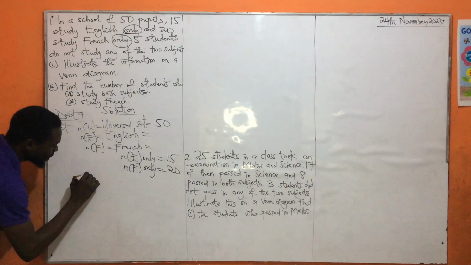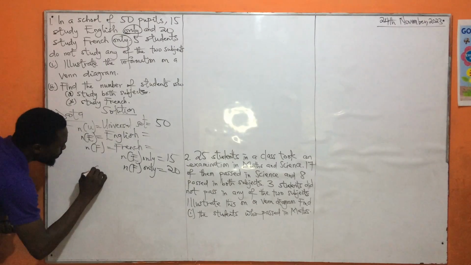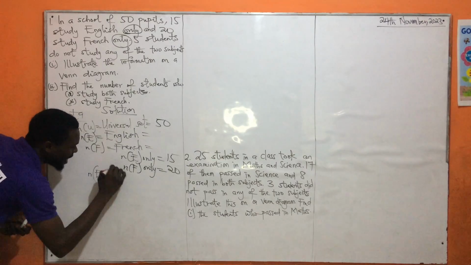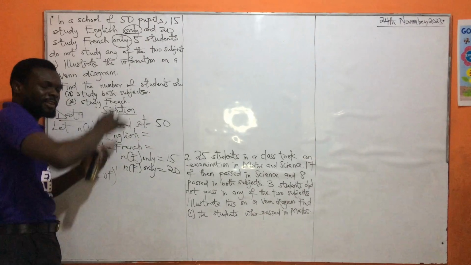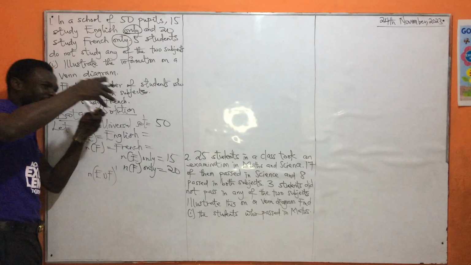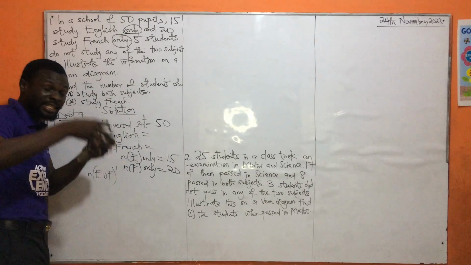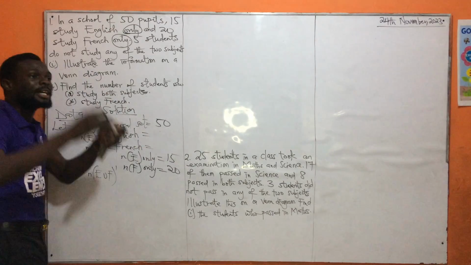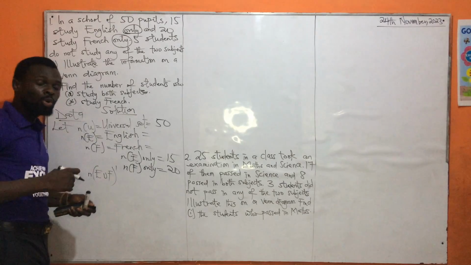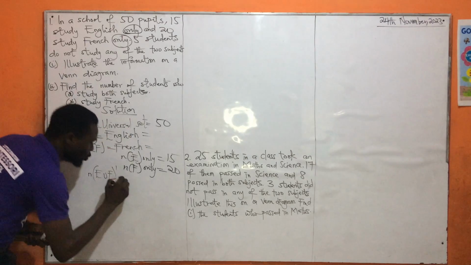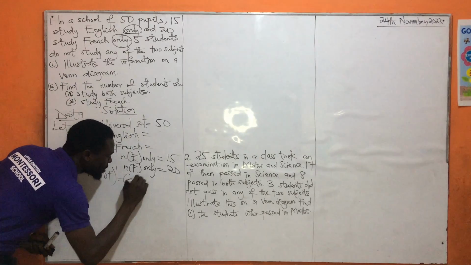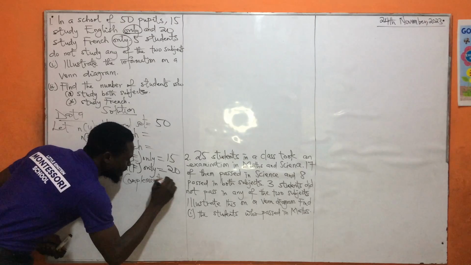So we are going to say the number E union F prime, which means they are in the universal set but do not belong to the union of E and F, which is English and French. So we classify them as complement.